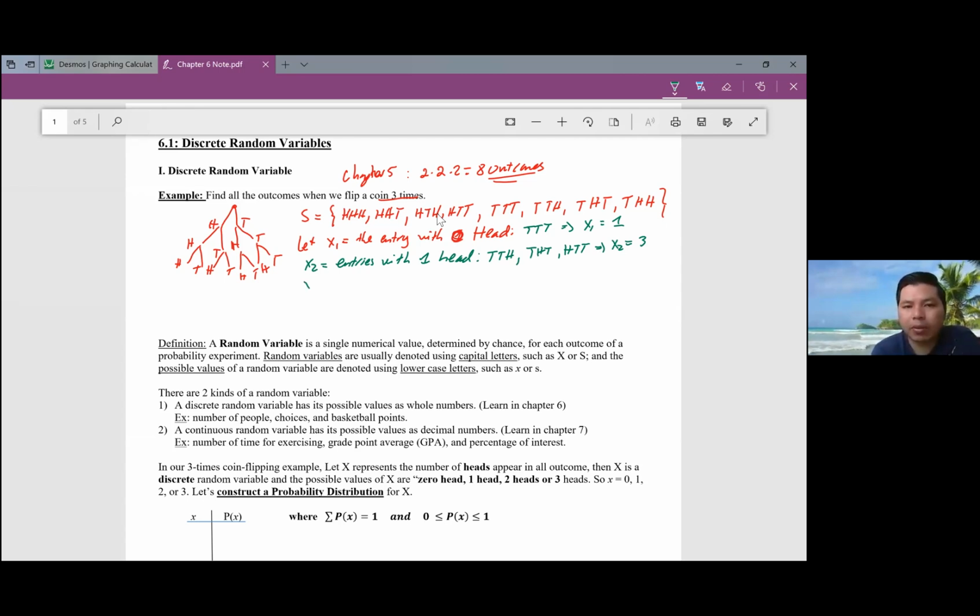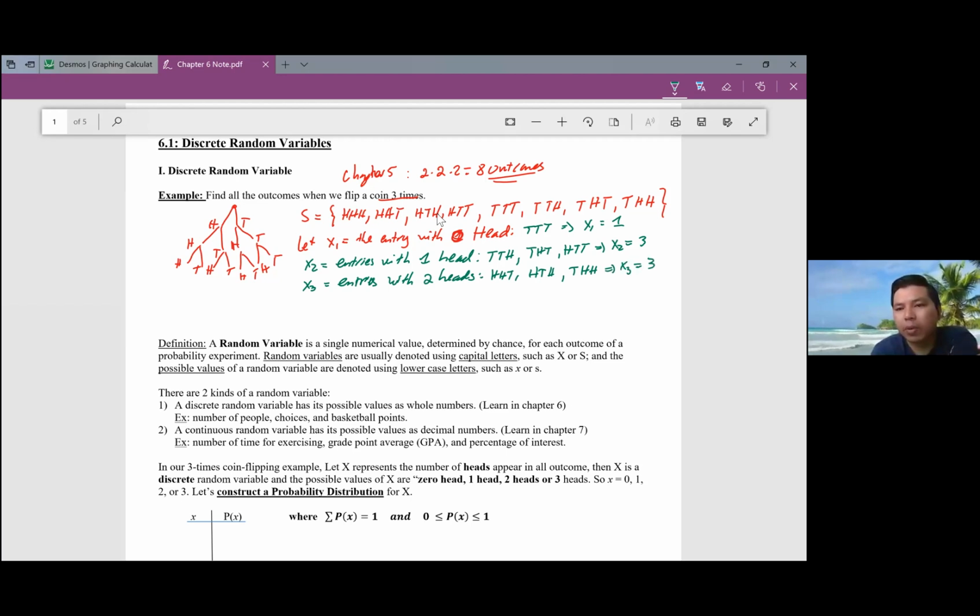Now we let x3 be the number of entries with 2 heads. We have to look for all the entries containing 2 heads, and the outcomes will be head, head, tail. Or I can have head, tail, head. I can have tail, head, head. So x3 is also equal to 3.